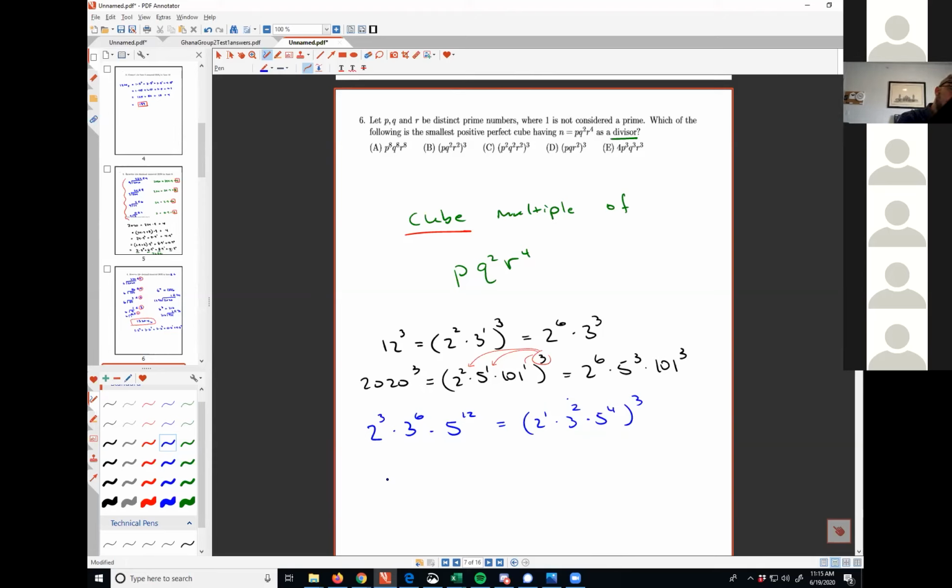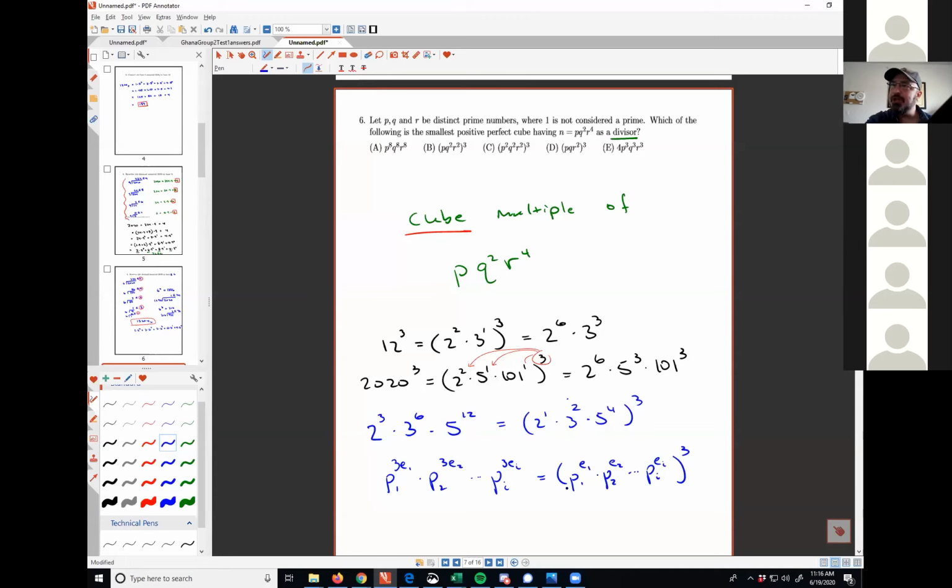More generally, if we have a prime to a multiple of 3 power times another prime to a power that is a multiple of 3, so on and so on, any number of these, we could rewrite it as P1 to the E1 times P2 to the E2, all the way up to Pi to the Ei, taken to the 3rd power.